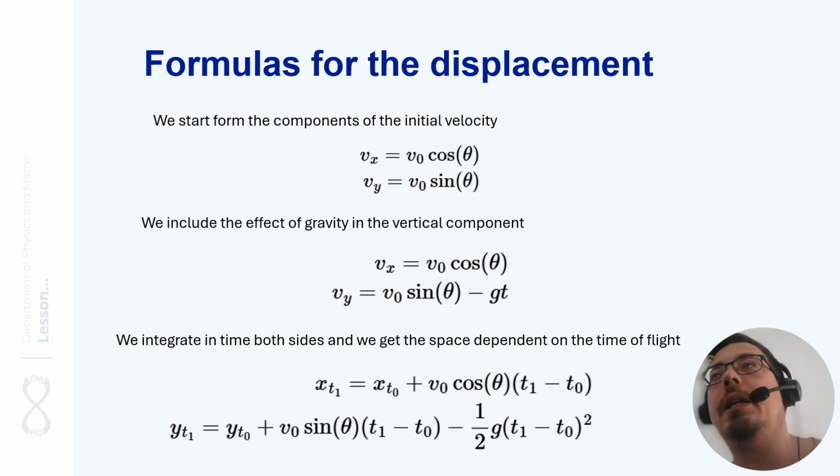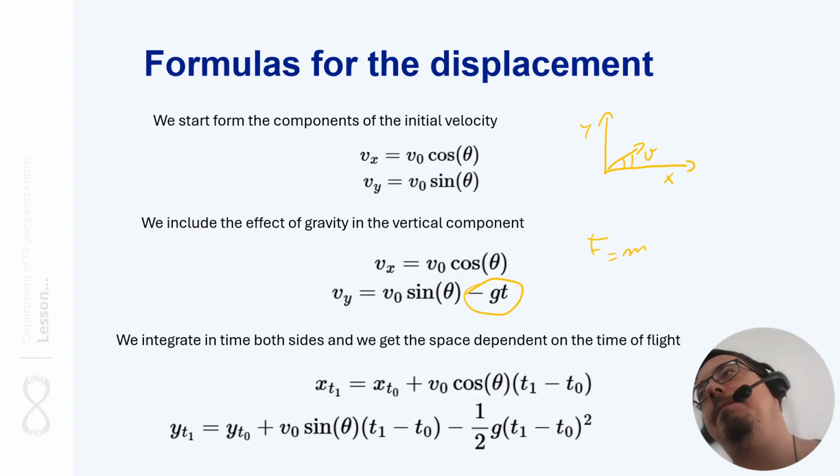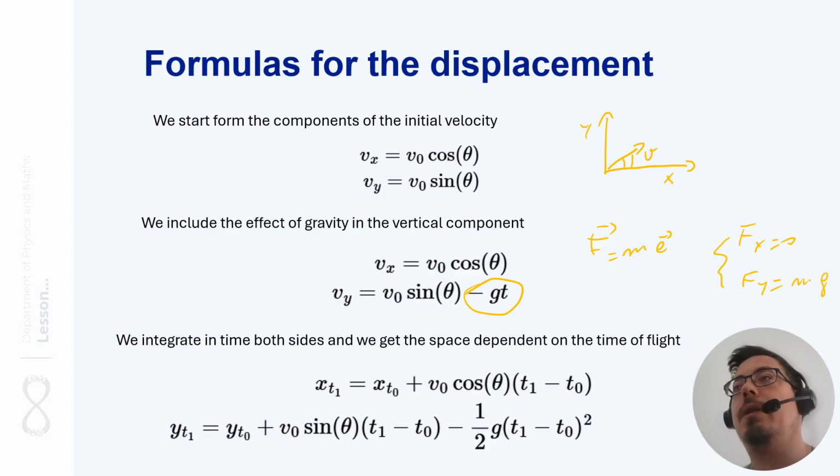So we have the initial condition v0 cosine theta, sine theta, because of the way that we chose the frame of reference y and x, and this is the angle theta. And then we added the component gt because F equals ma, and then we have that Fx is 0 but Fy is not 0, it is mg, and therefore when we integrate over time we get gt, and this comes from this formula here.